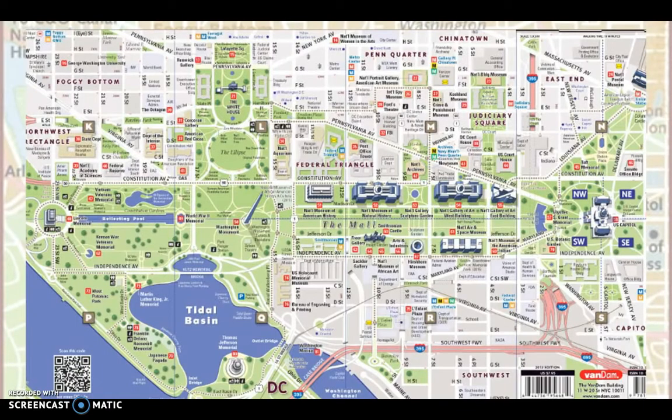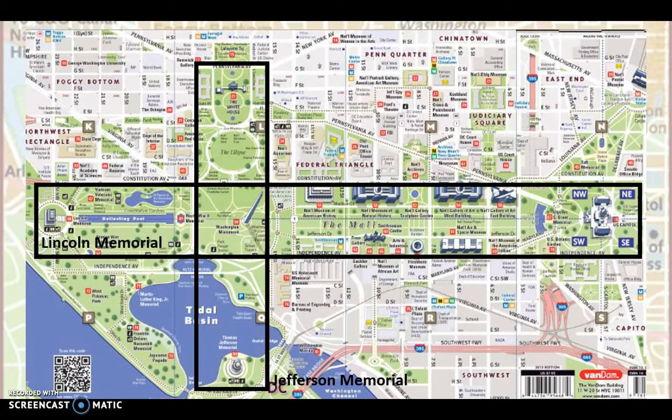As you can see in this map of today's DC, the location of these monuments and the parks around them use perpendicular lines, perpendicular meaning they meet at 90-degree angles, and reflective symmetry to make the layout symmetrical once again and aesthetically pleasing while kind of distracting from the off-centerness of the Washington Monument.